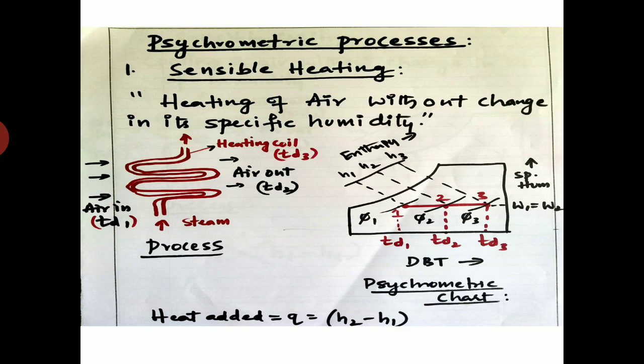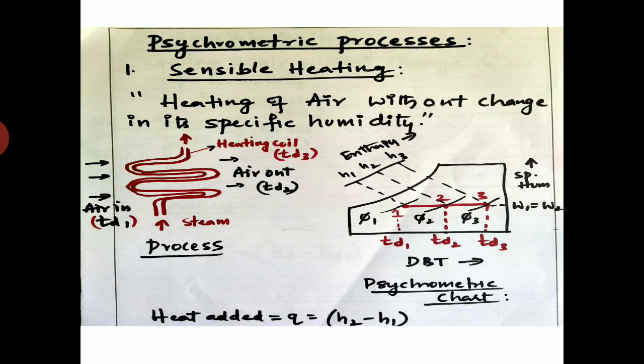The first psychrometric process is sensible heating. For example, there is a coil in which steam flows because the steam temperature is very high. That is called a heating coil.